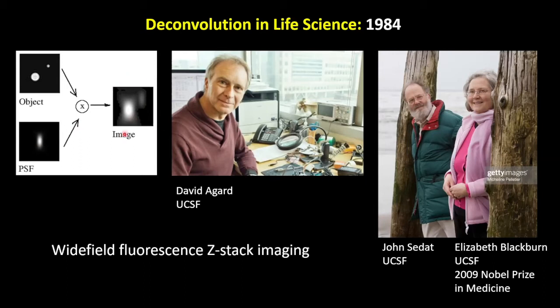The subject times this point spread function gives this image, and this process is called convolution. The reverse operation is called deconvolution. So we have an image right now, and if we know the point spread function, we can calculate the subject with a much sharper, undistorted image.